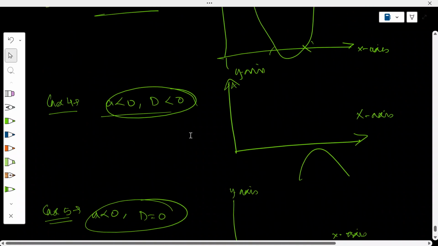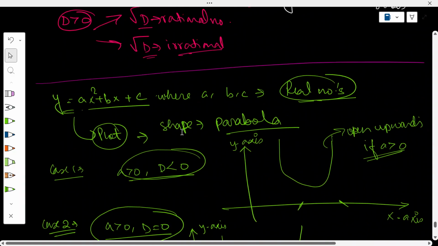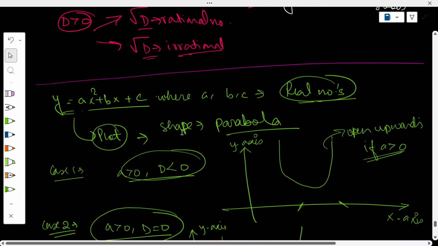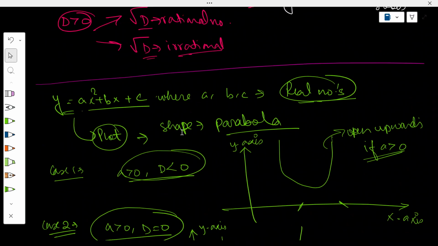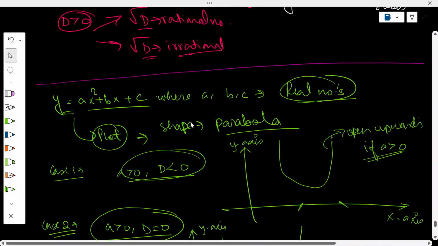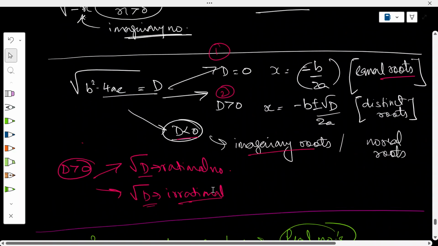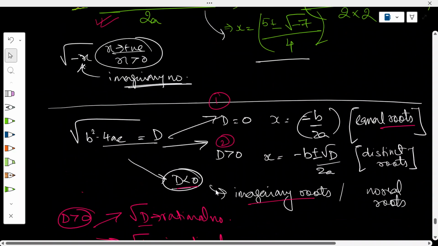So basically, what we have done is we discussed all the cases, the types of graph, or how they would look on a Cartesian plane or the xy plot, and what their shape would be depending upon the value of d and the value of a, if they are positive or negative.